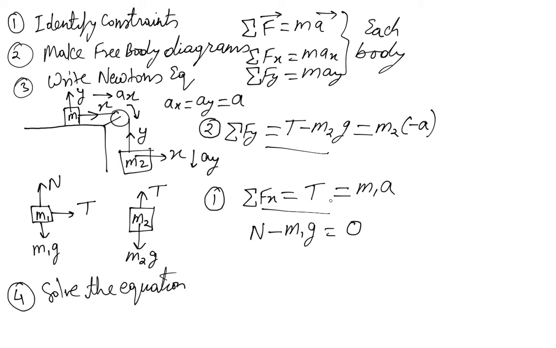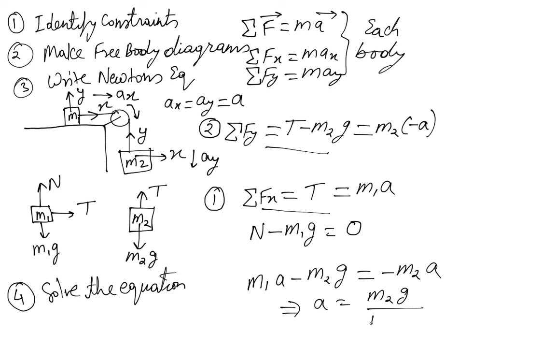How? Let's replace T with m1a in the first equation. So m1a minus m2g equals minus m2a, and that gives us a equals m2g divided by m1 plus m2, right?